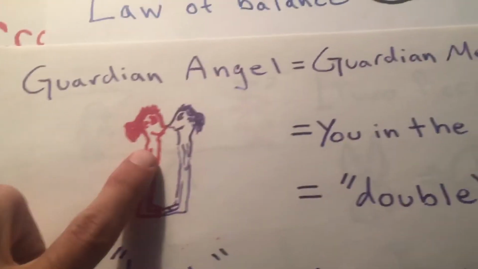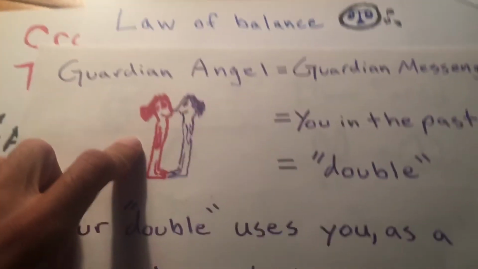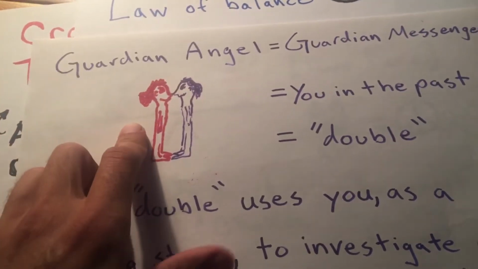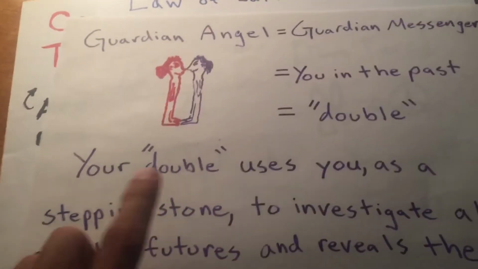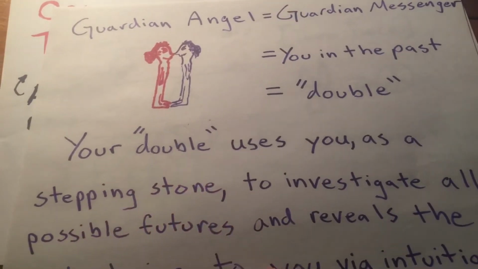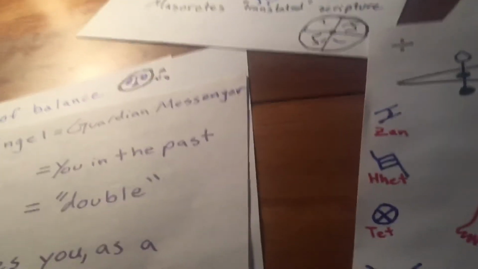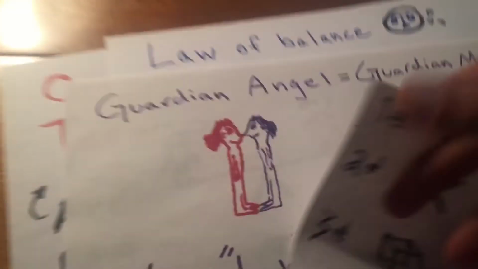Your guardian angel is you in the past, before you left the Creator to go off and explore this on your own. And so your double, who is you in the past, uses you like a stepping stone and uses you to investigate all of the different possible future possibilities, like I was talking about in this dimensions video.